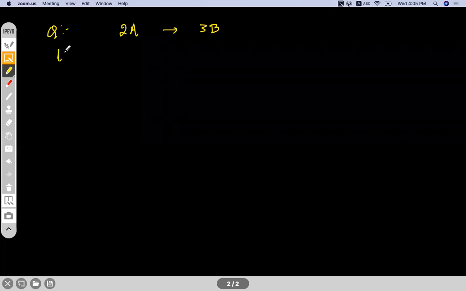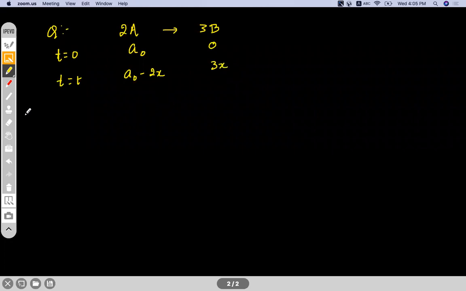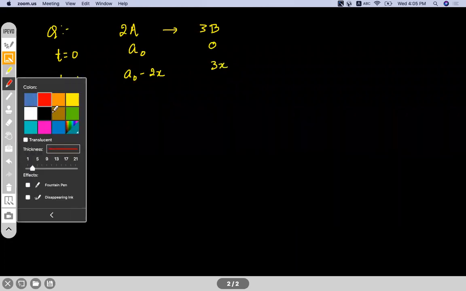At time t equals 0, the concentration of A is A naught and B is 0. At time t equals t, A converts into B, so it is A naught minus 2x, and this becomes 3x.